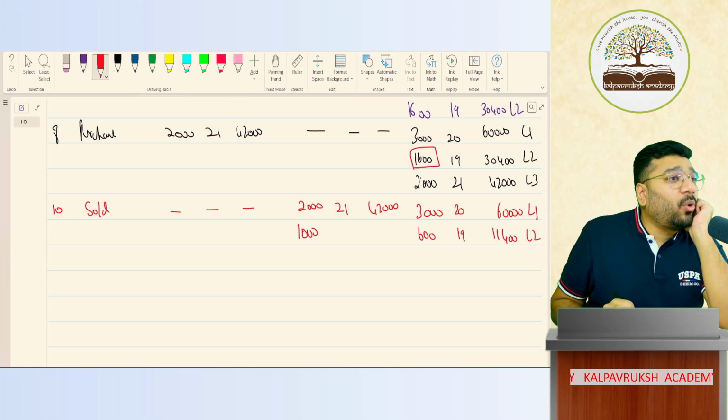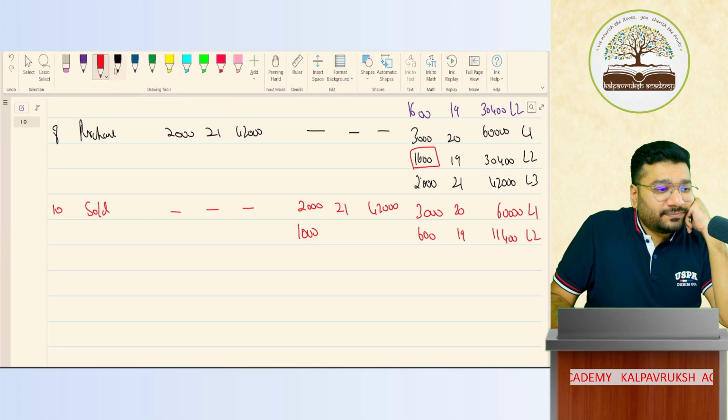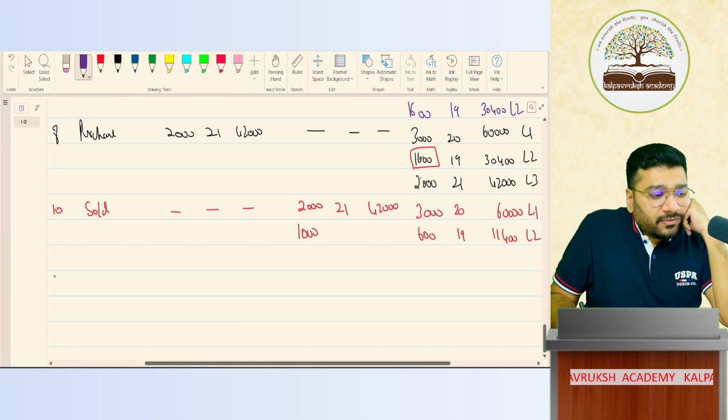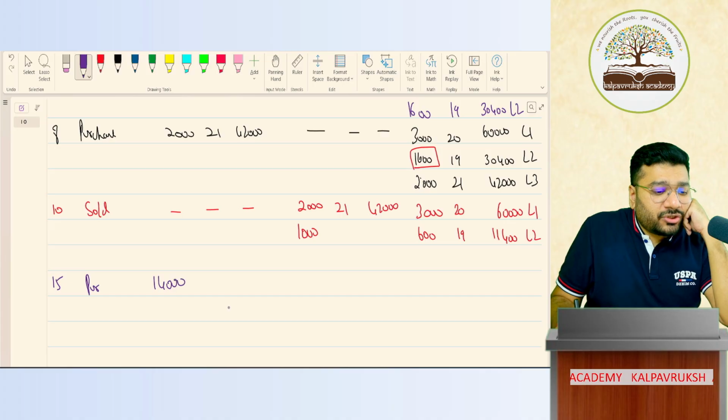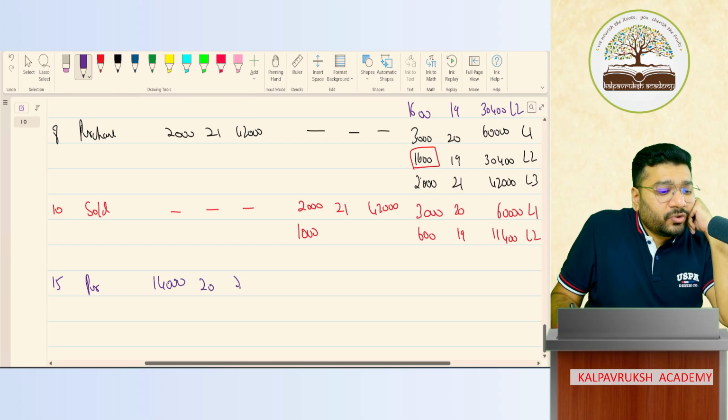If I ask you at this stage, what is the cost of inventory? 71,400. Very good. Next, 15 March, purchased 1,400 kg. Rate? 20. Cost? 28,000.